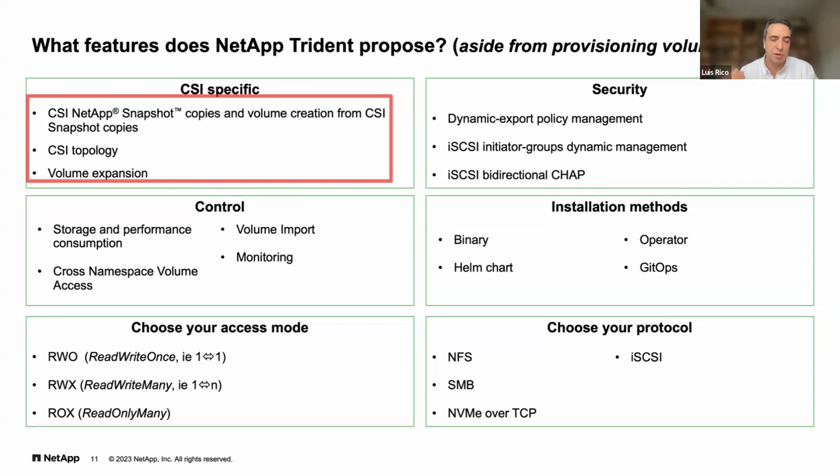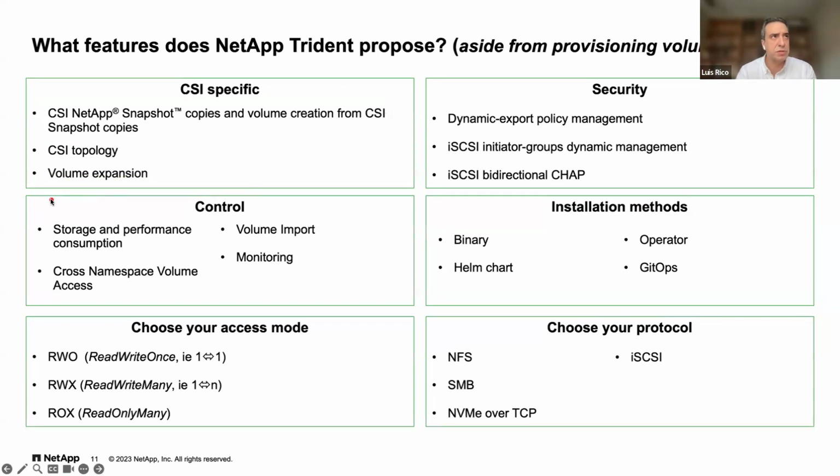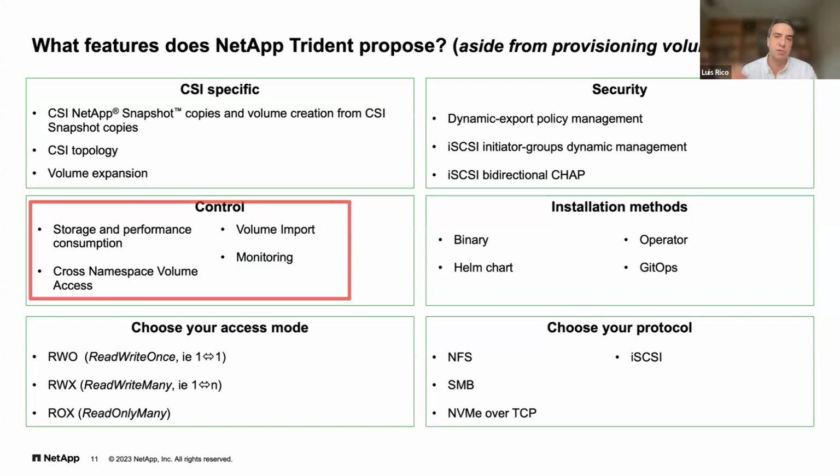We also provide CSI topology, very interesting for stretch clusters in 2 data centers in the on-premises world, or the 3 availability zones in the public cloud, and also online volume expansion. We can also provide quality of service, and comply with the quotas at the OpenShift level, quotas at the Trident level, and quotas at the storage level.